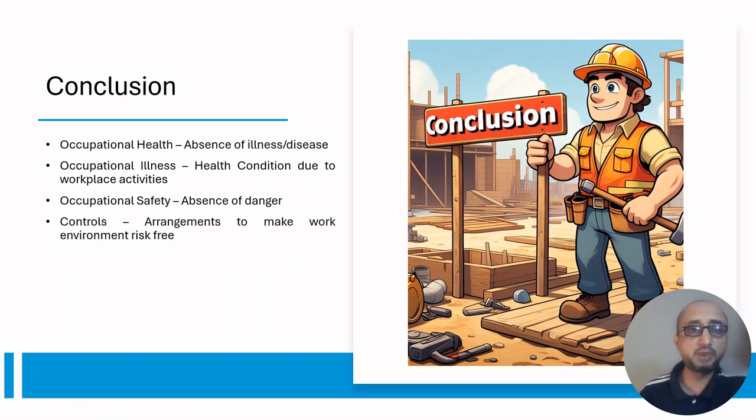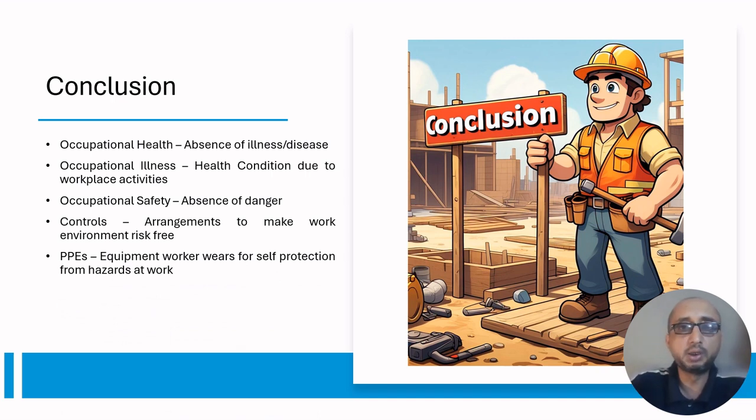Occupational safety: absence of danger at the workplace. Control measures: arrangements or actions we take to reduce or eliminate the risk or control the hazards. And then PPEs are the type of controls which workers wear to minimize or reduce the direct exposure to the hazard, or avoid or reduce any consequences of the incident.